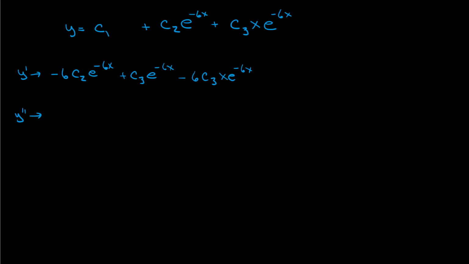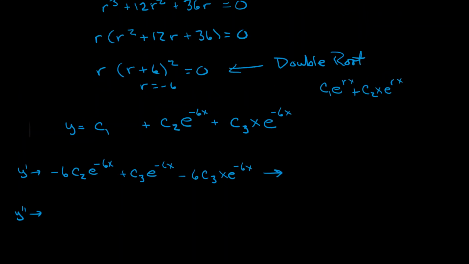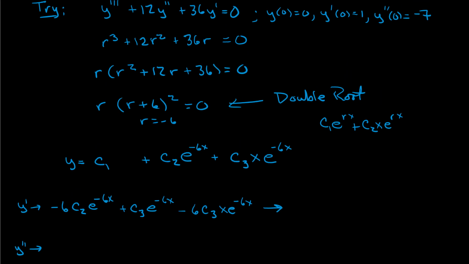I can factor out the e to the negative 6x stuff. And what this gives me then, if I substitute in, let's see, what am I going to substitute in? Coming back up here to the top right-hand side, for the first derivative, the x value is 0 and the y value is 1.